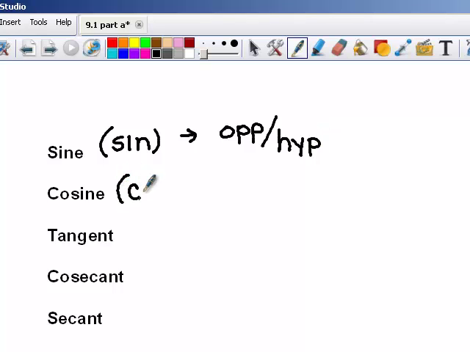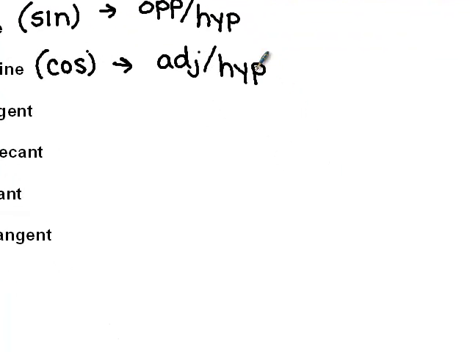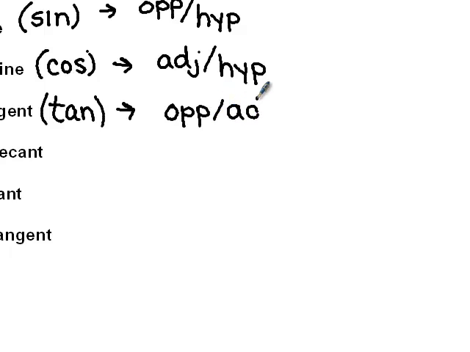Cosine will always look like this, and cosine is adjacent over hypotenuse. Tangent will be opposite over adjacent.